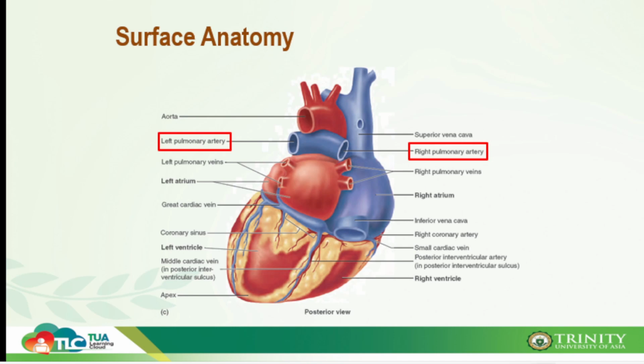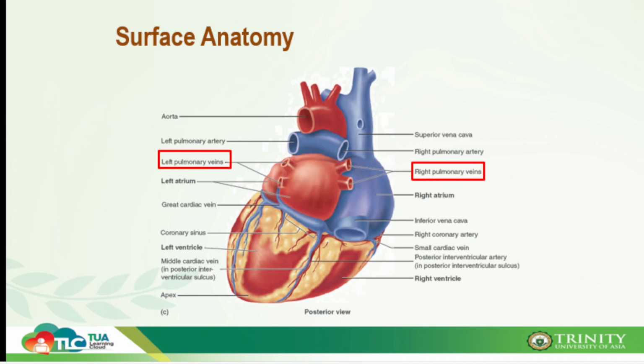After blood has been oxygenated in the lungs, it needs to be brought back to the heart. And what vessels bring back blood to the heart? Your veins, because veins bring back blood to the heart, right? So you have your left pulmonary vein so that oxygenated blood from your left lung can go to the left atrium, and your right pulmonary vein will gather oxygenated blood from your right lung and will bring it back to the left atrium.